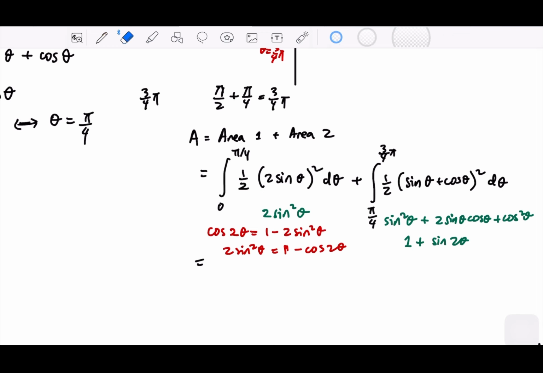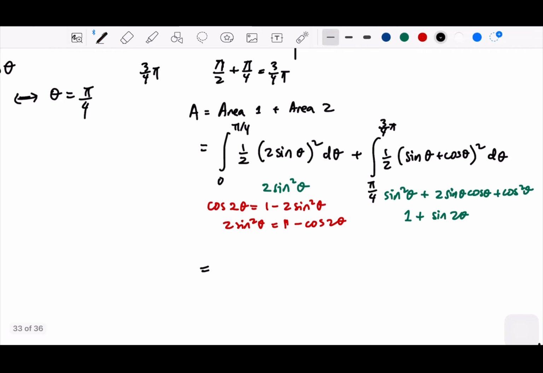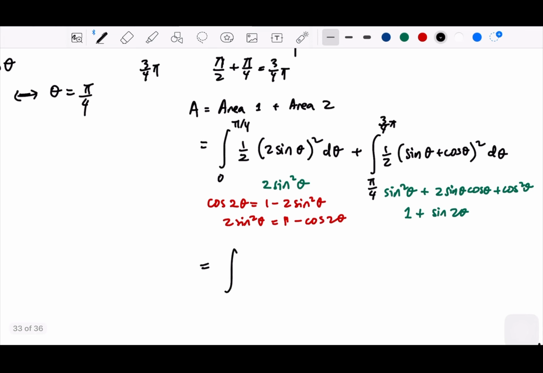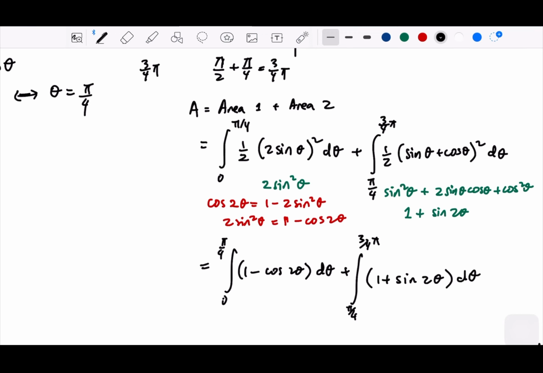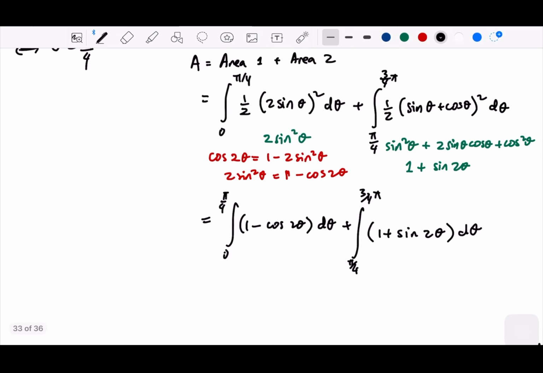Okay, and then we could integrate 1 minus cosine 2 theta d theta, and then plus 1 plus sine 2 theta d theta. And I think the integrations are easy, right?